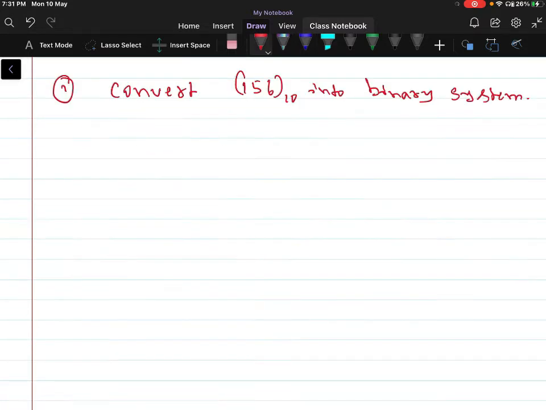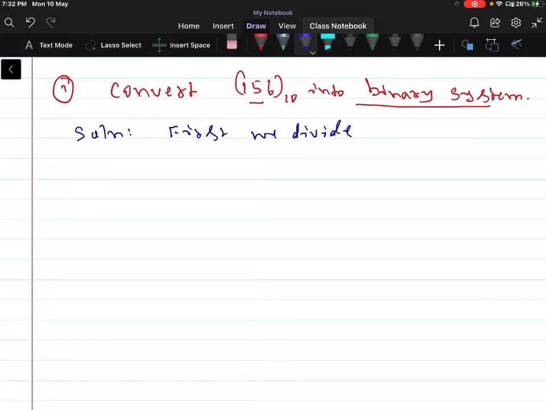The problem: convert the number 156 into the binary system. Let us move to the solution. First we divide the number 156 by 2.